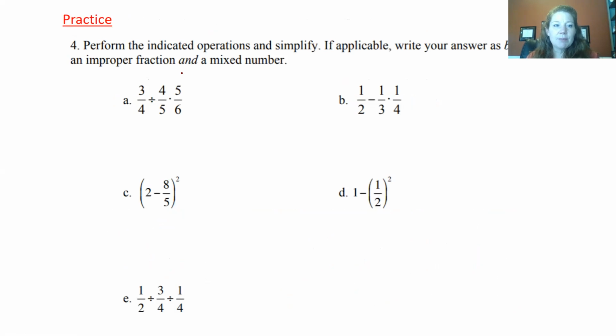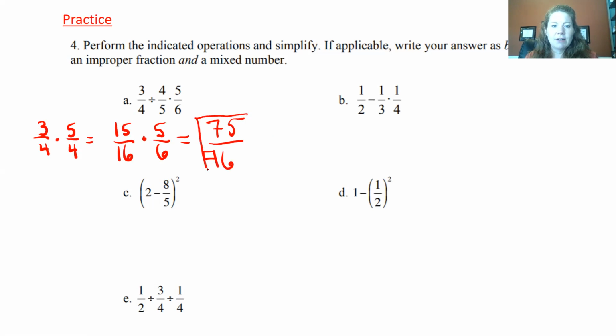On the next slide, number 4, we're going to multiply and divide in order from left to right. So the first thing we're going to do is keep it, change it, flip it. We're ignoring 5/6 for a minute. So here we have 15 over 16. And now we multiply 15/16 by 5/6. Nothing cancels here. So 15 times 5 is what, 75? 75 over 96.